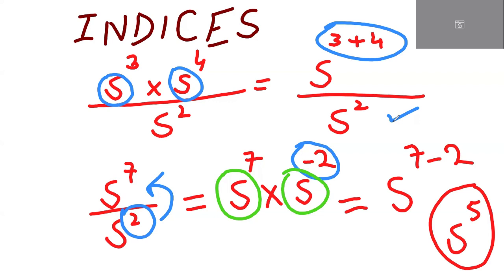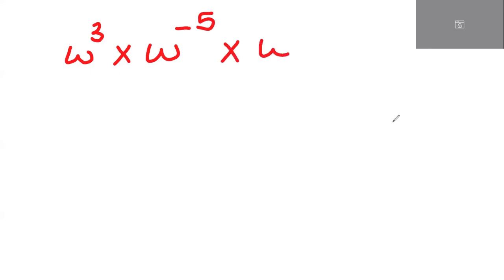So another question is w raised to the power 3 multiplied by w raised to the power negative 5 multiplied by w raised to the power negative 4.